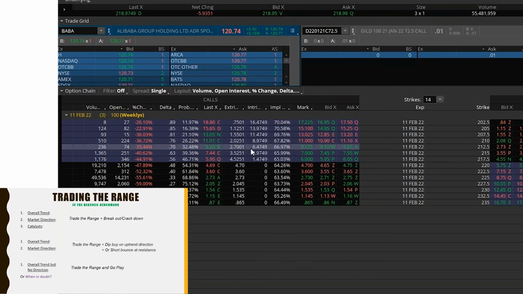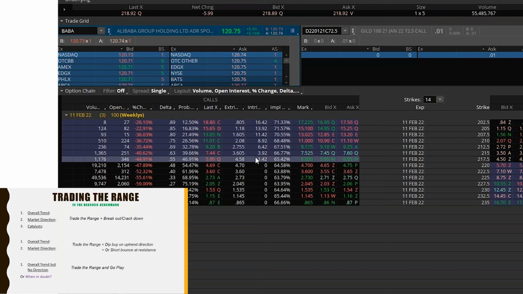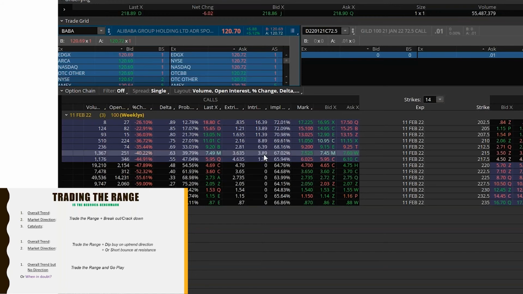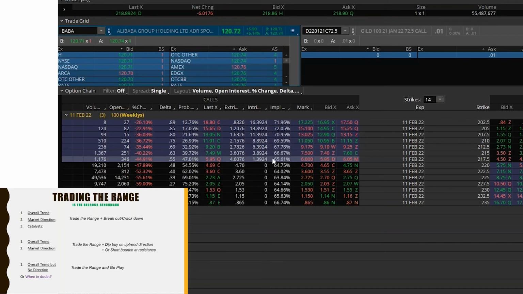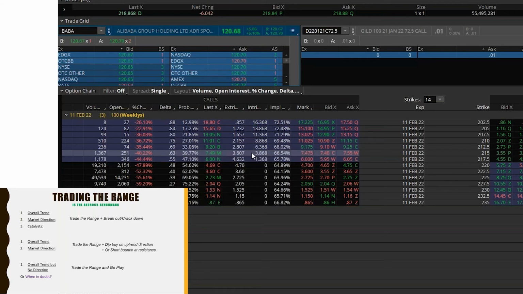I don't pay too much attention to this when it gets close to the end of expiration. Today is a Tuesday, so look at it, but it's more important when you look at the second day to the last day of the expiration.